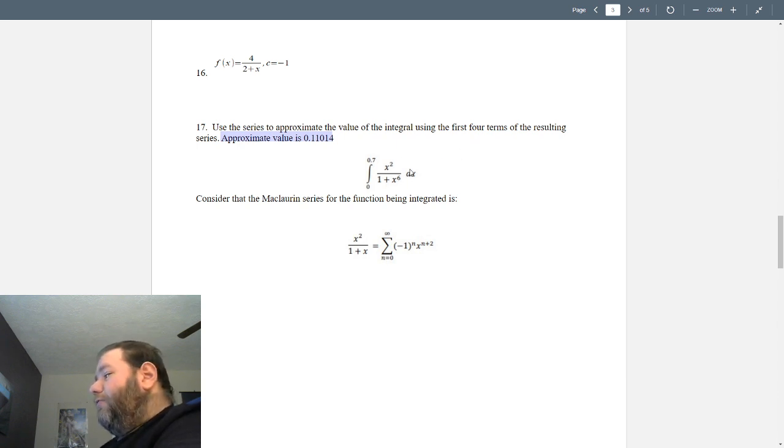But instead of going through and integrating this by hand, I've already done that for you and given you the approximate value. That way, if we've done it correctly, we should be pretty close to the approximate value. It won't necessarily be exactly the same, but it should be real close.